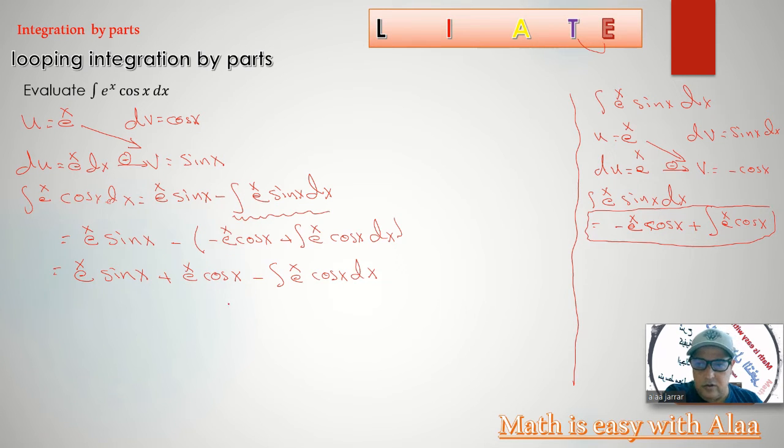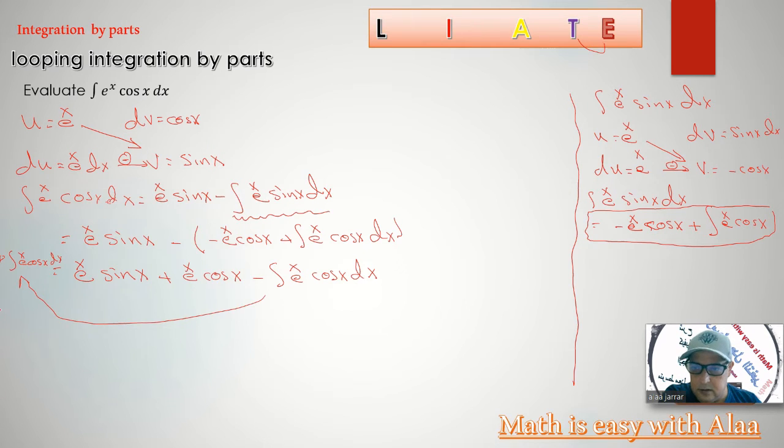Remove this to the other side here, and we know what we have here, the integral in the question, the integral of e^x cosine x dx.